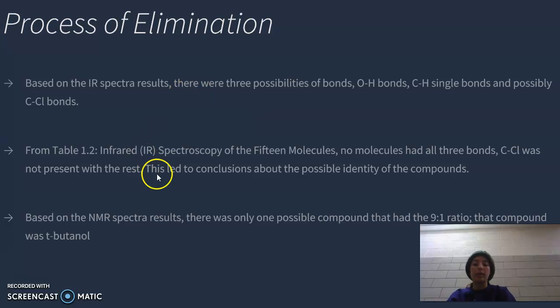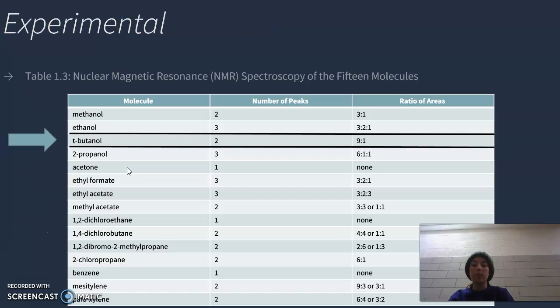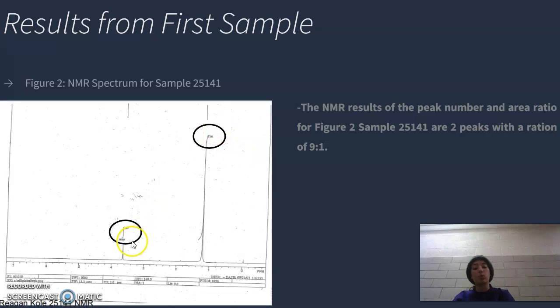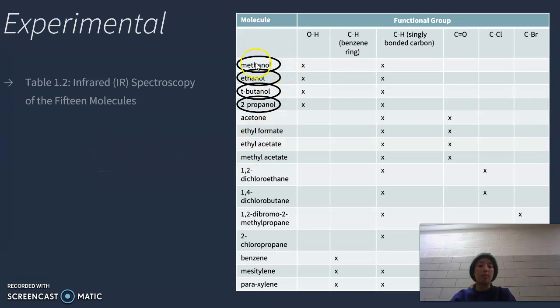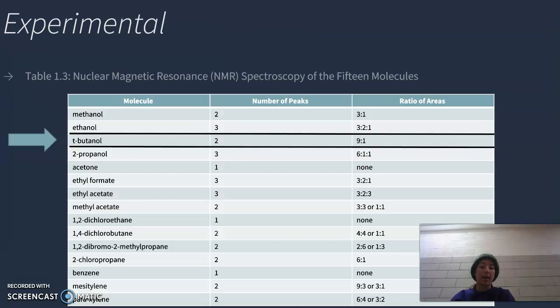Now, cross-comparing, we had to use the NMR spectra results. As previously stated, the 9-to-1 ratio with 2 peaks only led to the combination of t-butanol, and t-butanol was present in both. So that is how I concluded that the contaminant in my sample of drinking water had to be t-butanol, because it was present in both the IR spectra and the NMR spectra.